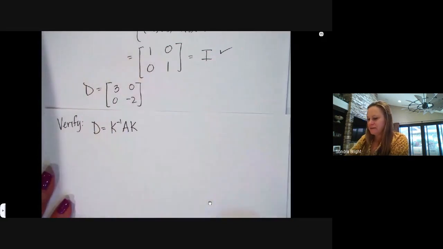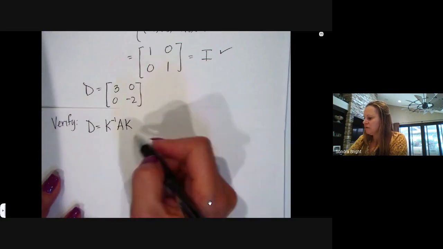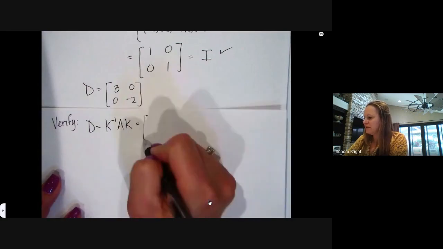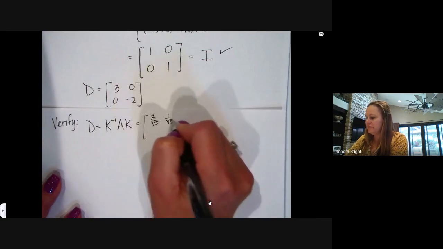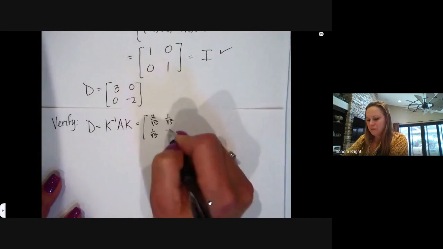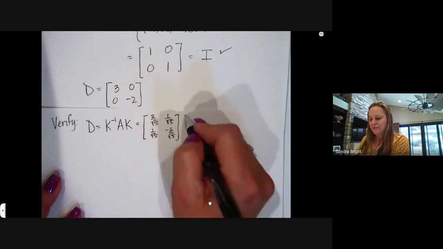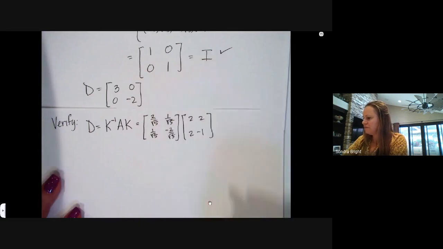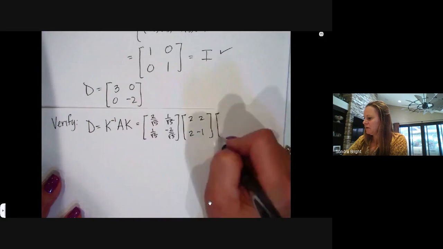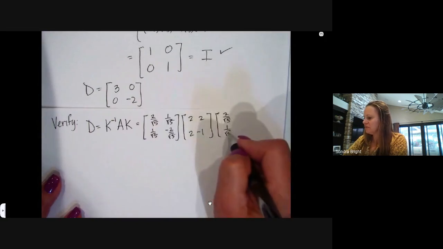K inverse was 2 over rad 5, 1 over rad 5, 1 over rad 5, negative 2 over rad 5. A was 2, 2, and 2, negative 1. And then K was 2 over rad 5, 1 over rad 5, 1 over rad 5, and negative 2 over rad 5.